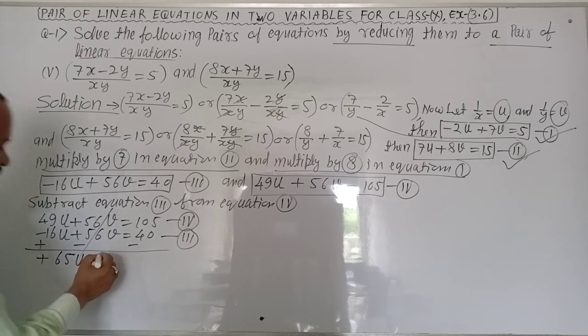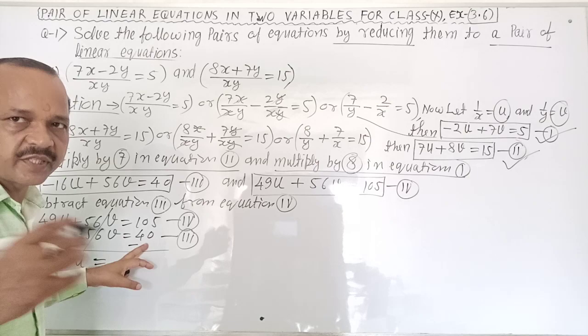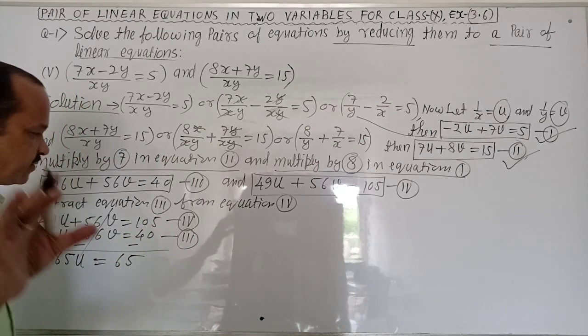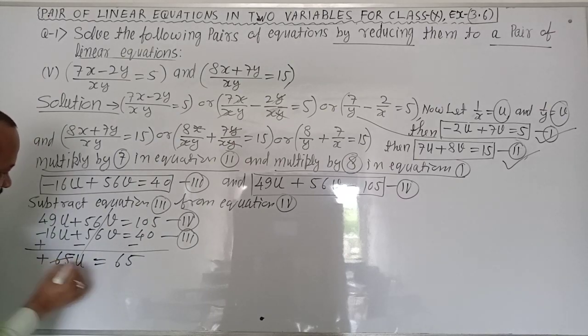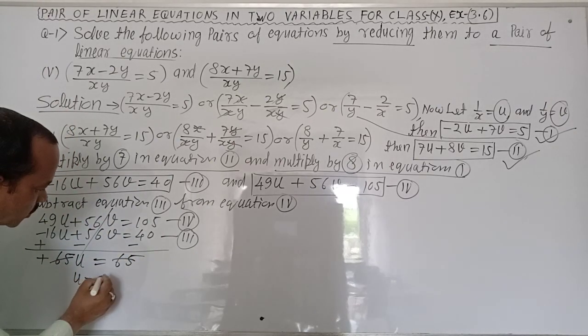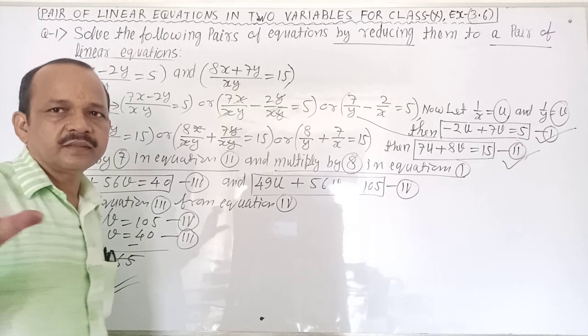It becomes 65u equal to here 105 minus 40, subtract it, becomes 65. Clear? 65 and 65 cut, u equal to 1. You find u equal to 1. Clear?